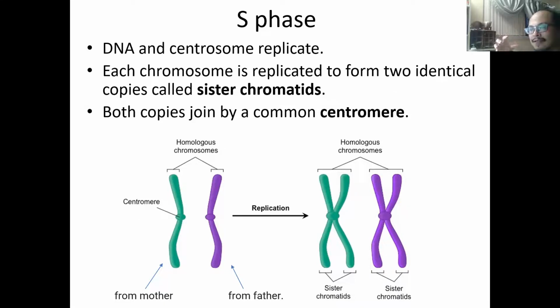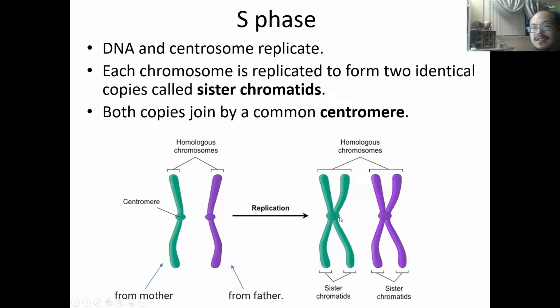If you look into the microscope, after the S phase, beginning into the mitosis, we call it prophase, the nucleus becomes very highly condensed because it has a lot of stuff. So the key here is the sister chromatids are produced after chromosome replication. These sister chromatids are connected in the centromere.